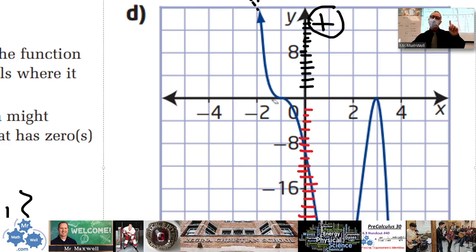Not 1, because 1 is a straight cross. 3 would be tangent to and cross, and then all the other odd ones greater than that, like 5, 7, 9, would be the same thing. So we could say that probably at this zero it has a multiplicity of 3. This one here is tangent to but does not cross. So that is a multiplicity of 2, or any exponent that's even.